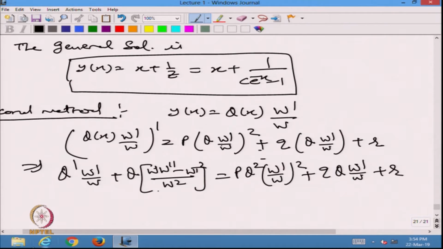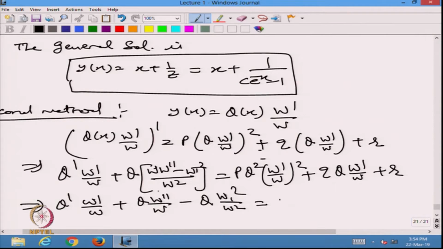Now, if I simplify further, Q' w'/w plus Q w''/w, because w will cancel out, minus Q w'²/w², equals P Q² w'²/w² plus Q w'/w plus r.